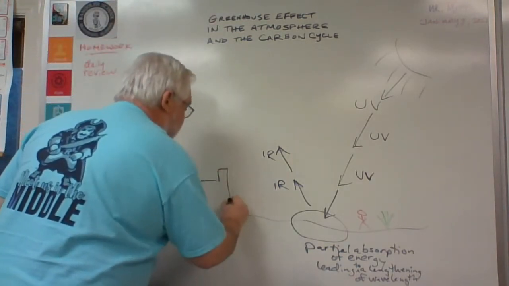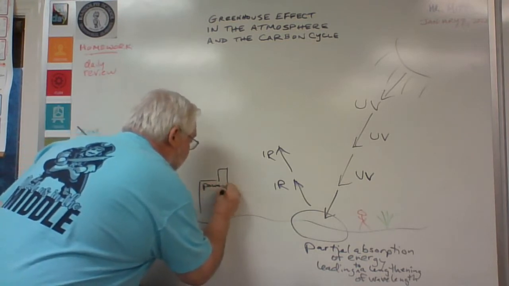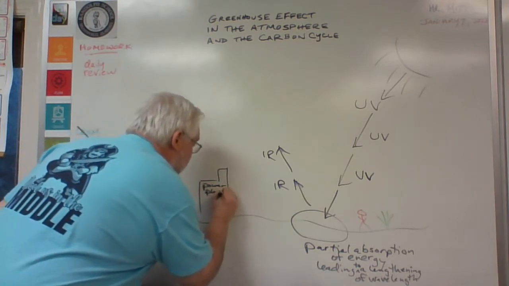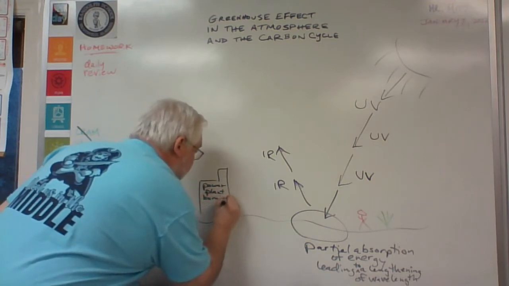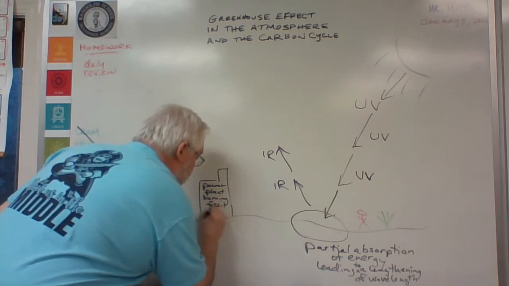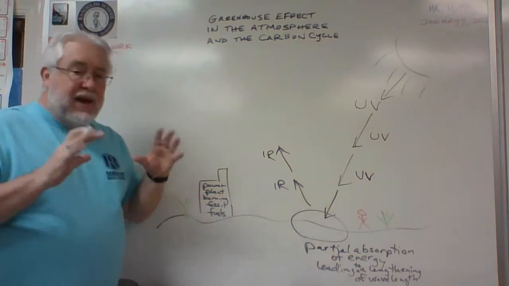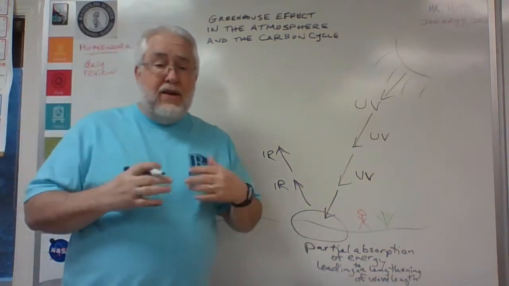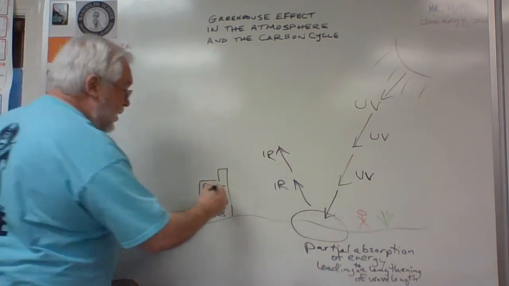Well, it's our custom to draw maybe a power plant that is burning fossil fuels. A lot of our power plants are in fact using fossil fuels. And what are they doing? They're burning those fuels.